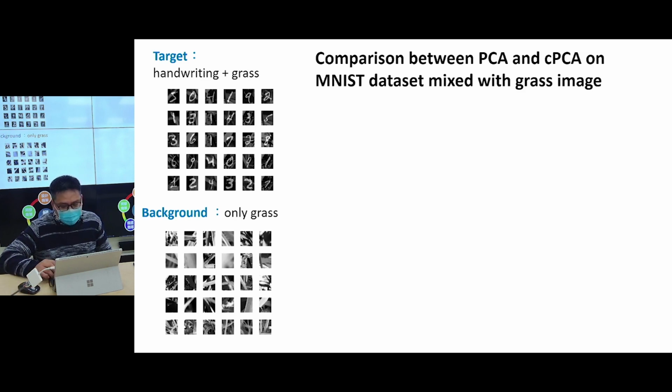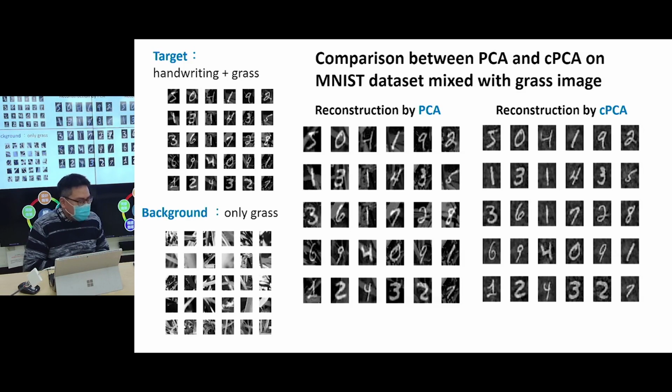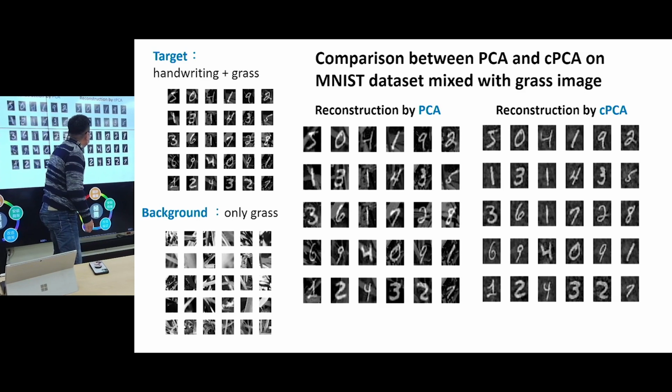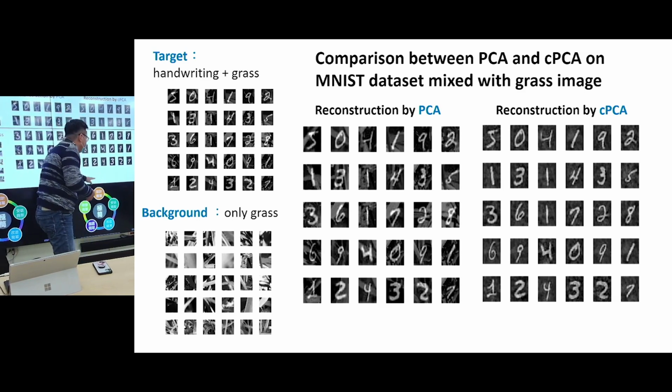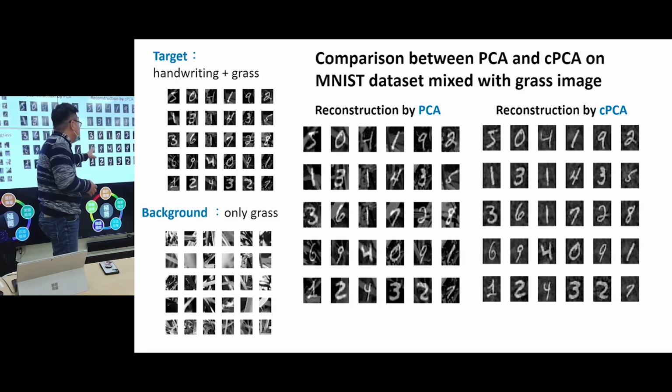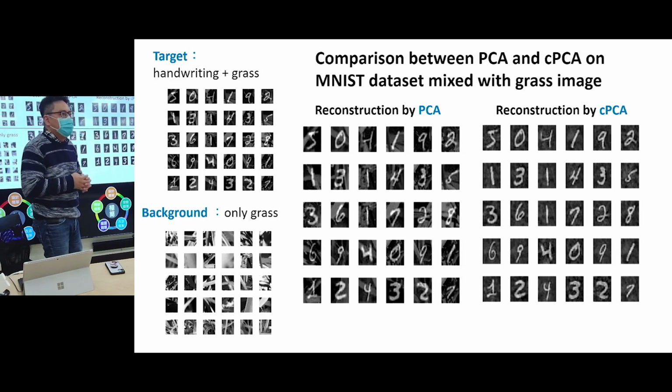Here we show the reconstruction by PCA and by contrastive PCA. This is the reconstruction by PCA, and this is the reconstruction by CPCA, and you can see CPCA performs better than PCA because CPCA successfully eliminates the information of the grass images.